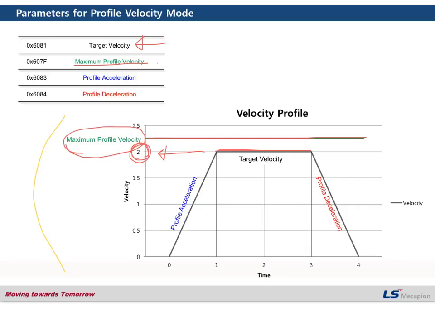So in this case, to prevent unexpected damage to the equipment, we need to set the profile velocity. So next, the profile acceleration is this, and the profile deceleration is this. So these are the parameters for profile mode.